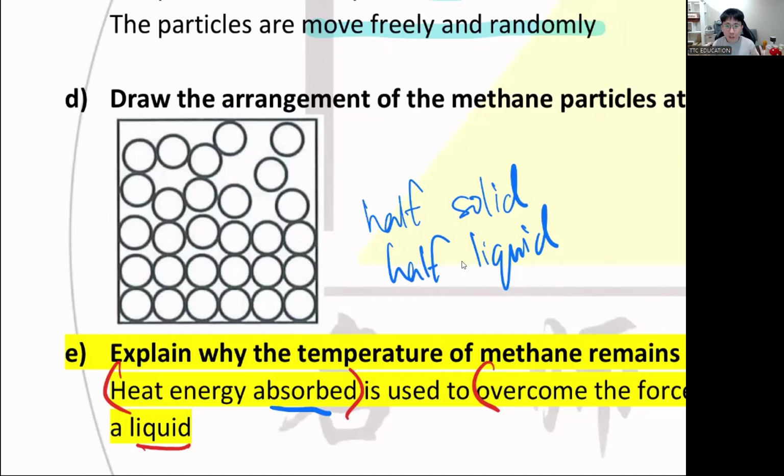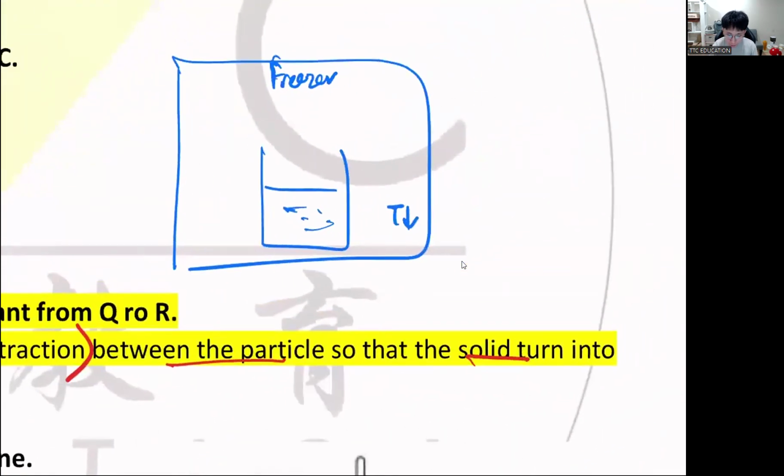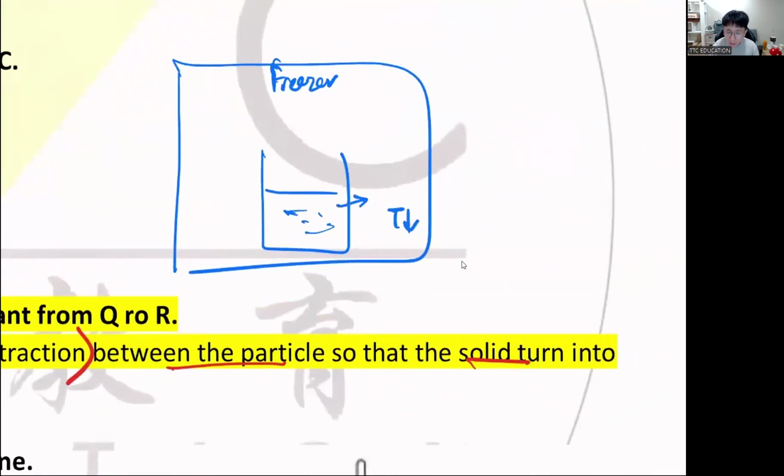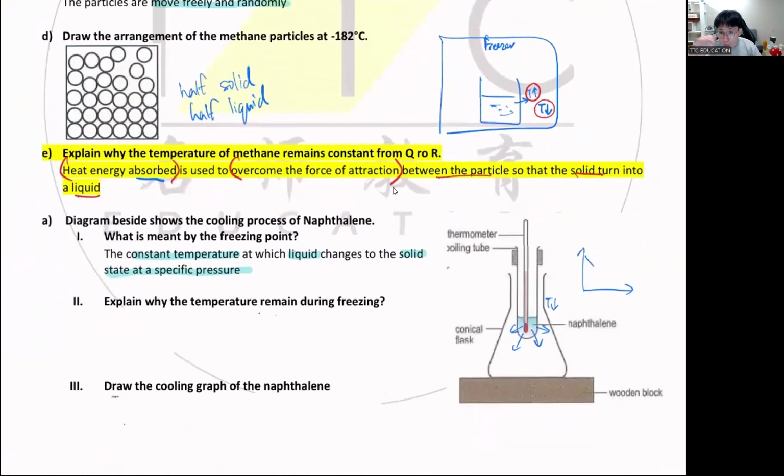You have extra energy, and you release the extra energy. So the extra energy comes out and makes the temperature of your freezer increase, because extra energy coming out increases the temperature of the surroundings. So because of this temperature increase during the freezing process and the cold temperature of your freezer, these two balance off each other. It makes your graph look like a straight line during freezing.